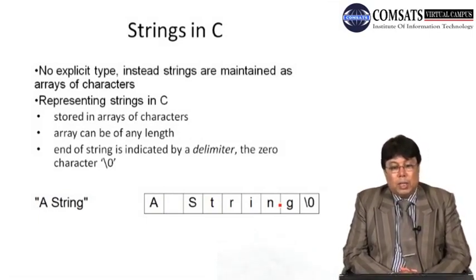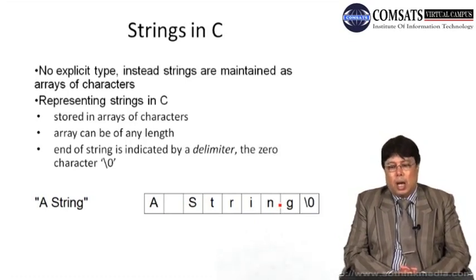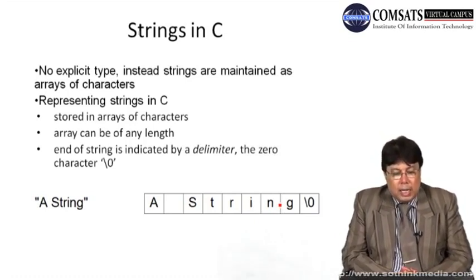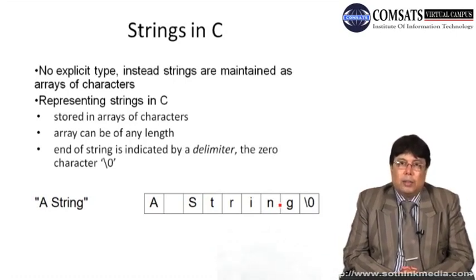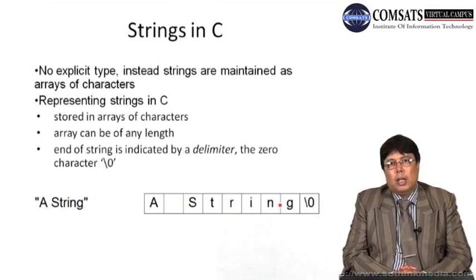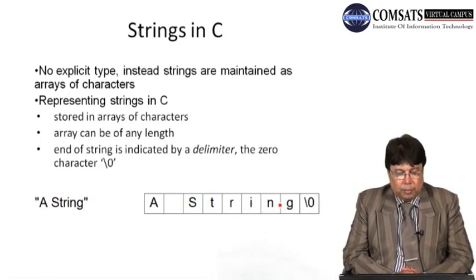Strings have no explicit type. Instead, strings are maintained as an array of characters. As I have explained already, there is no exclusive data type of string in C language. Rather, we use an array of characters as a string.